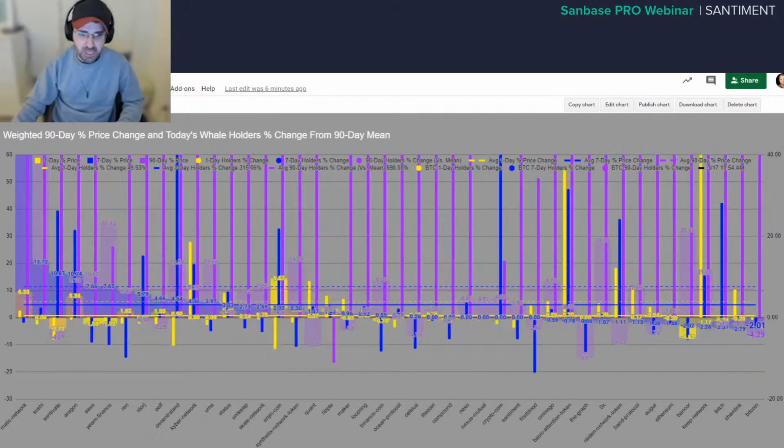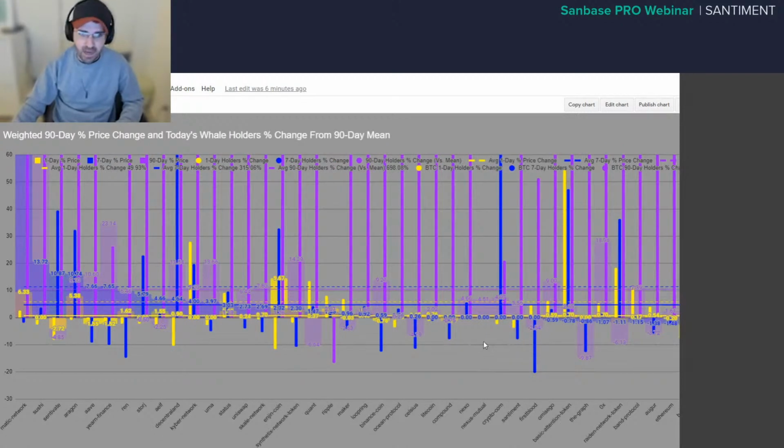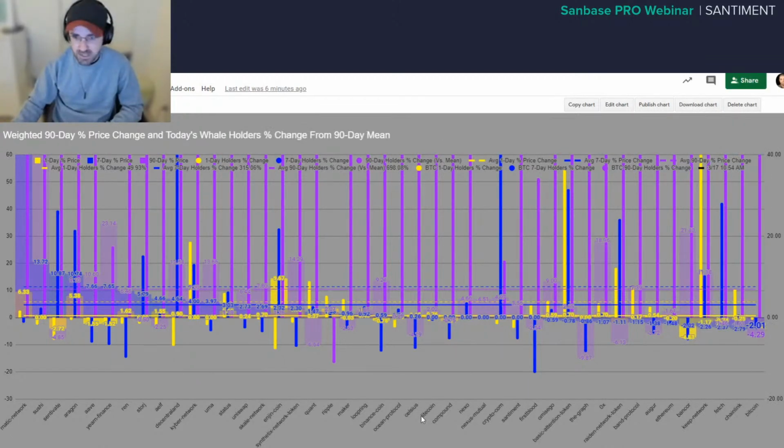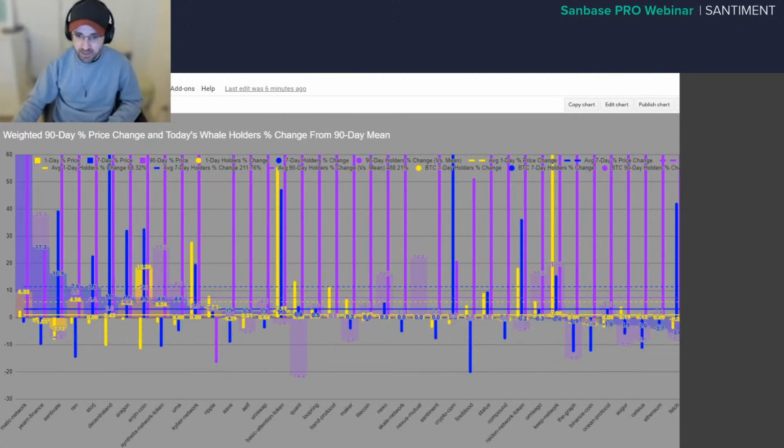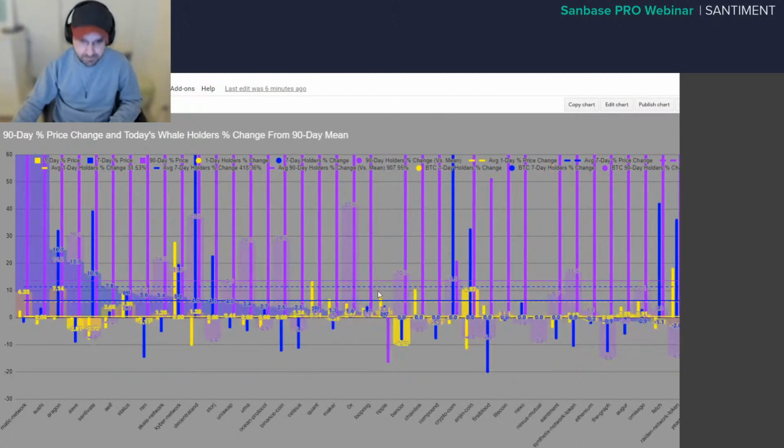And then, of course, just for consistency, whether it's the overall numbers that you like or the weighted overall numbers for percent change in whales, I have an average chart that splits the difference between the weighted infographic here and the regular infographic here.